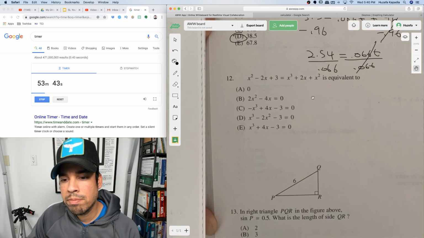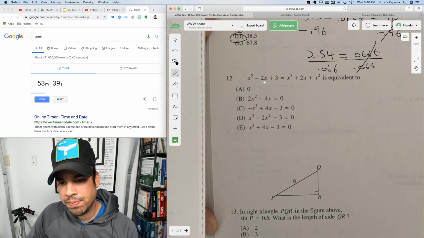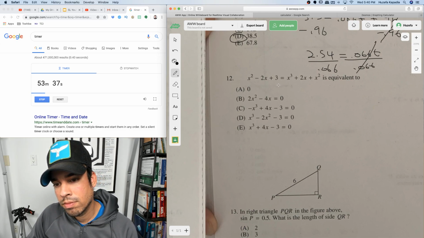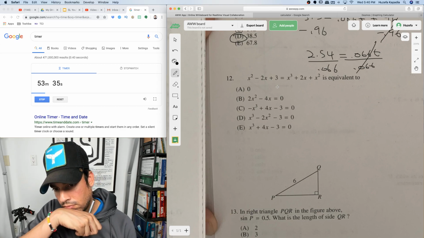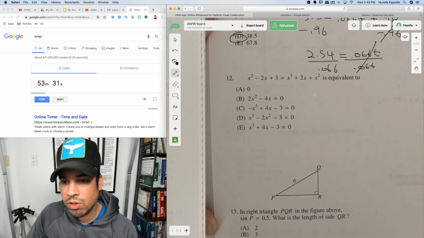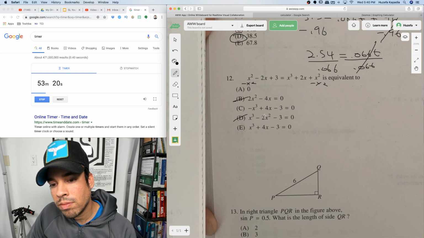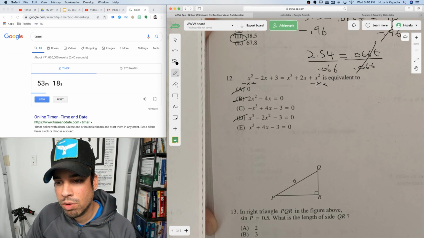X squared minus blank blank blank is equivalent to. All right. Oh, got it. So we're setting everything equal to 0. That's all they're doing. So I will subtract x squared from both sides. The x squareds cancel out, so we should have no x squareds. 0 is obviously out of the question, I think.